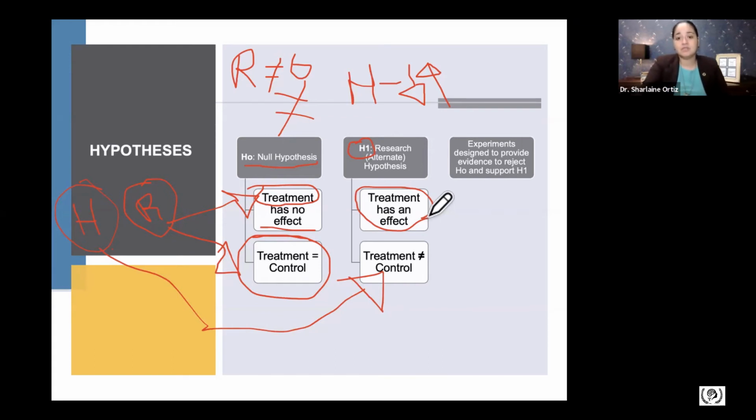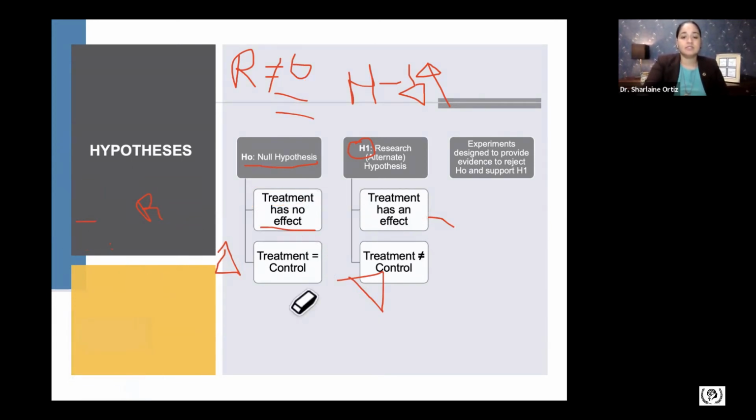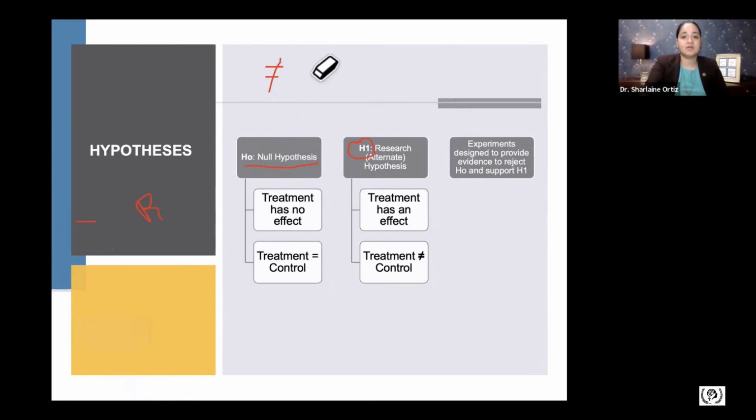So notice that the treatment did actually have an effect. What we are trying to do in this explanation is for each of you to notice how the null hypothesis implies a control, implies no effect, whereas in the alternative hypotheses, we're trying to see, yes, there was an effect, and this is what it looks like in comparison to the control group.